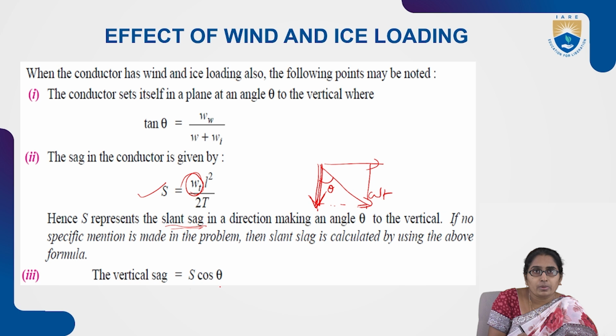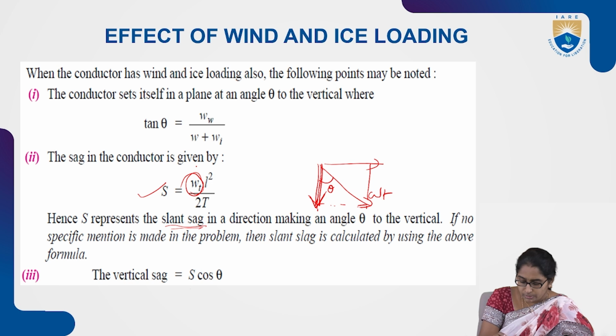Now how is theta known? From here. Tan theta can be written from this diagram like this. So that is how the effect of wind and ice loading is considered for the calculation of sag.